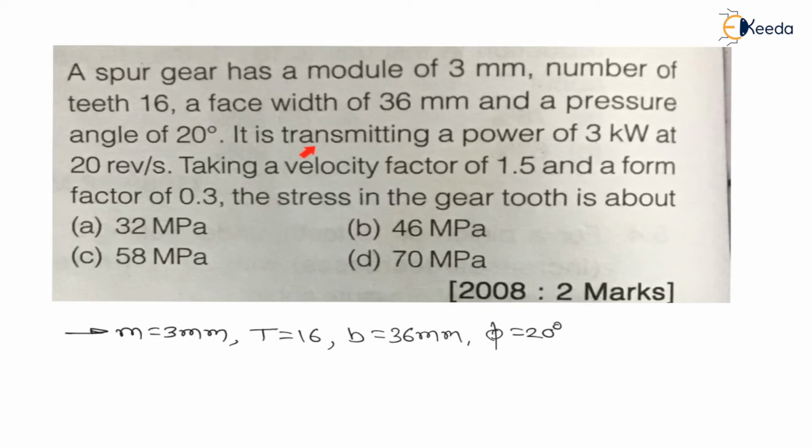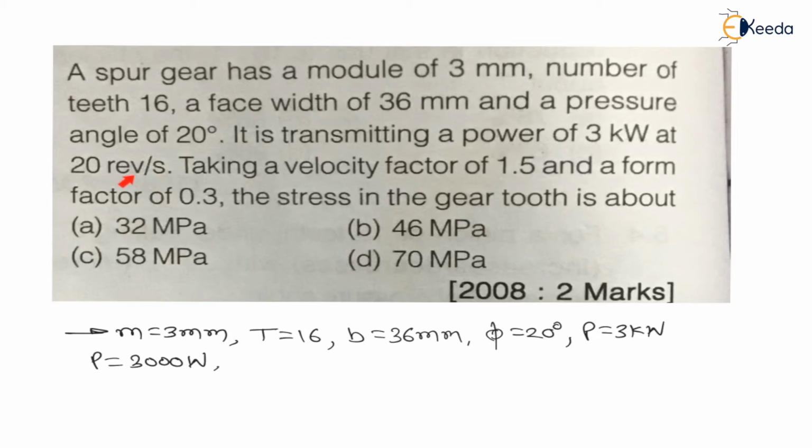After that, it is transmitting a power of 3 kilowatt at 20 revolution per second. Now power transmitted is 3 kilowatt, which we can say power is equal to 3000 watt. In terms of watt we have to consider here, and n is given in revolution per second.